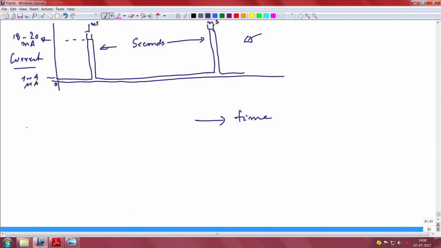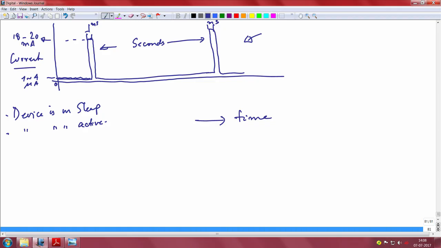To begin with, let us say the device is in sleep. Then that is this period, right. Then the device transitions to active mode. So, the device is in active mode.